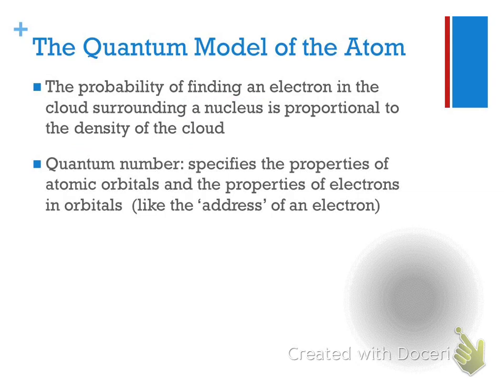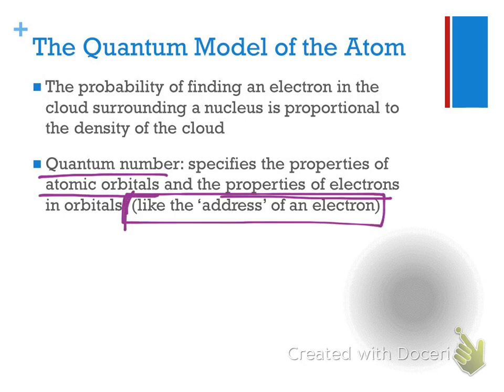Our big focus is going to be something called the quantum number. Okay, and what it does is it specifies the properties of orbitals and properties of electrons. So you can think of the quantum number like the address for an electron. It's going to try to tell us where an electron is located.